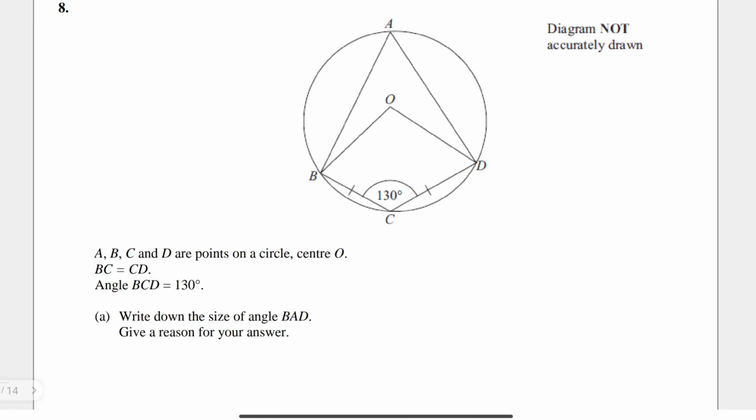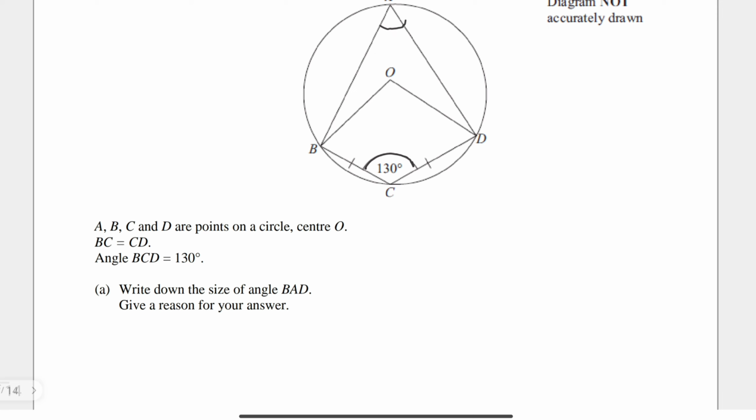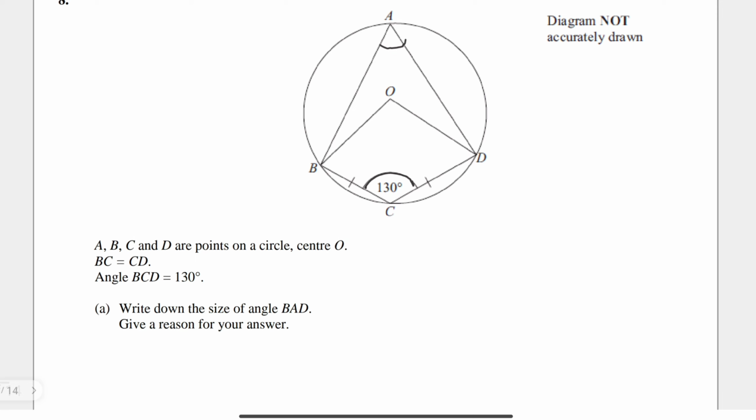A, B, C, and D are points on a circle with center O. BC is equal to CD, and BCD is equal to 130 degrees. Write down the size of BAD. So first of all, if this is 130 degrees, that implies that BAD is going to be 180 minus 130 degrees, because we know that this is a cyclic quadrilateral.